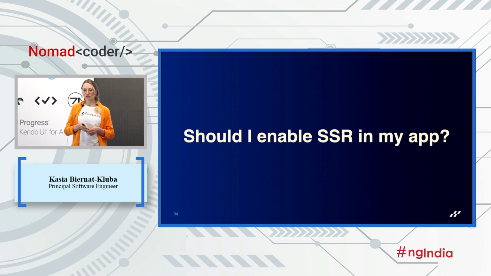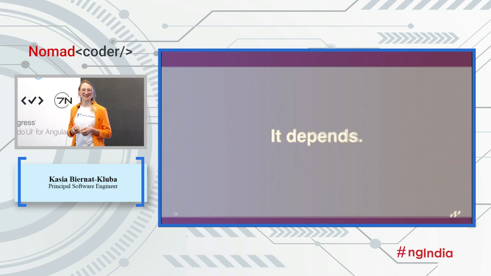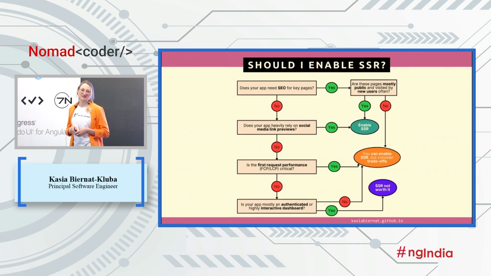So we have all this knowledge now, and the question is, should we enable SSR? Michael says no. Well, I say it depends. So I created this flowchart. You can take a picture if you want.